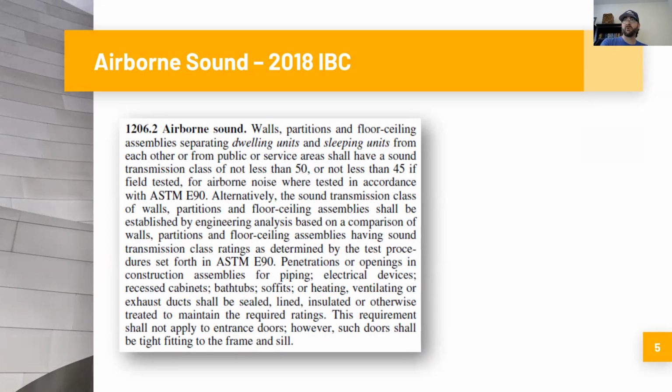First, let's talk about airborne sound. So here's what the code says: walls, partitions, and floor ceiling assemblies separating dwelling units and sleeping units from each other or from public or service areas. Let's stop there. We did talk a little bit about the common walls that separate dwellings. Note the other part of this, where it talks about separating from public spaces or service areas.